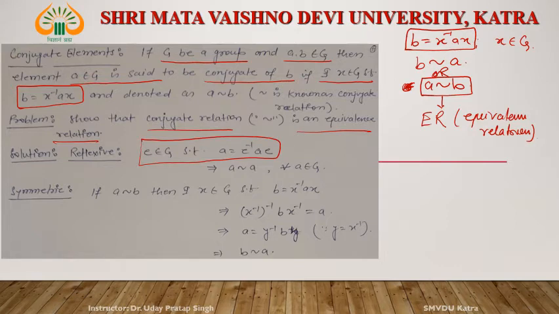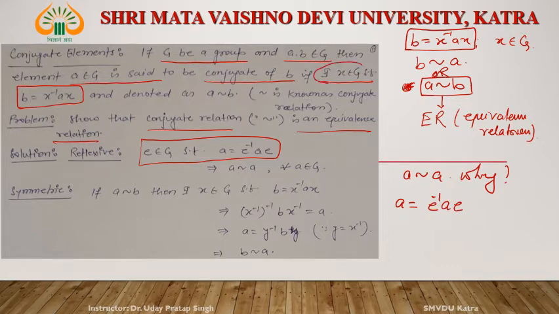Why? Since a is conjugate to a. By definition, a can be written as e inverse a e. What does the definition say?